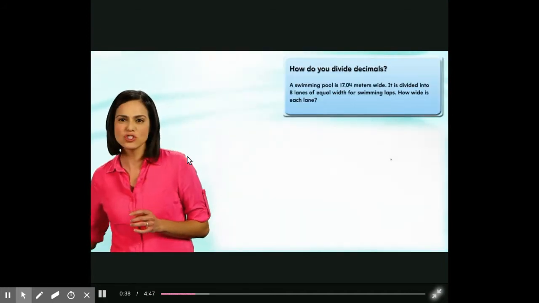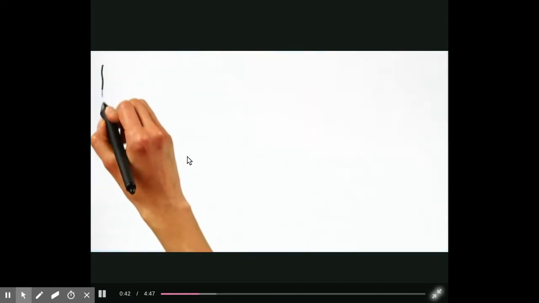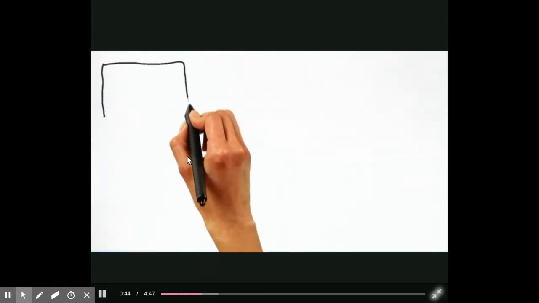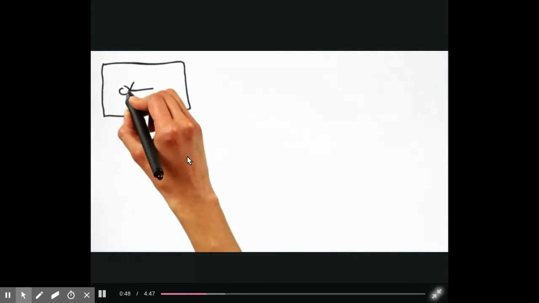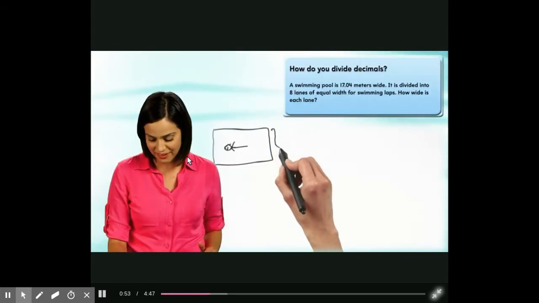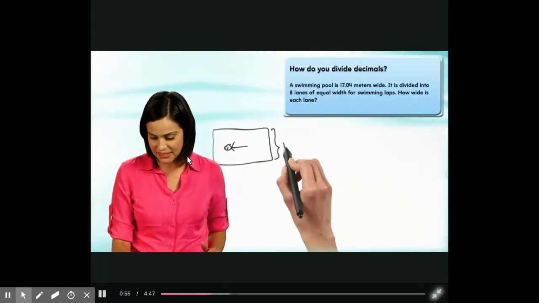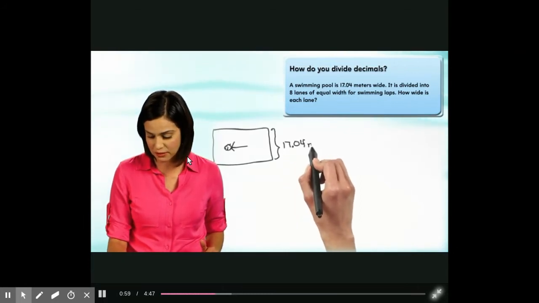Let's draw a picture to help us understand what the question is asking us to find. Here's my swimming pool, and there I am swimming. Now we know that the width is 17.400 meters.